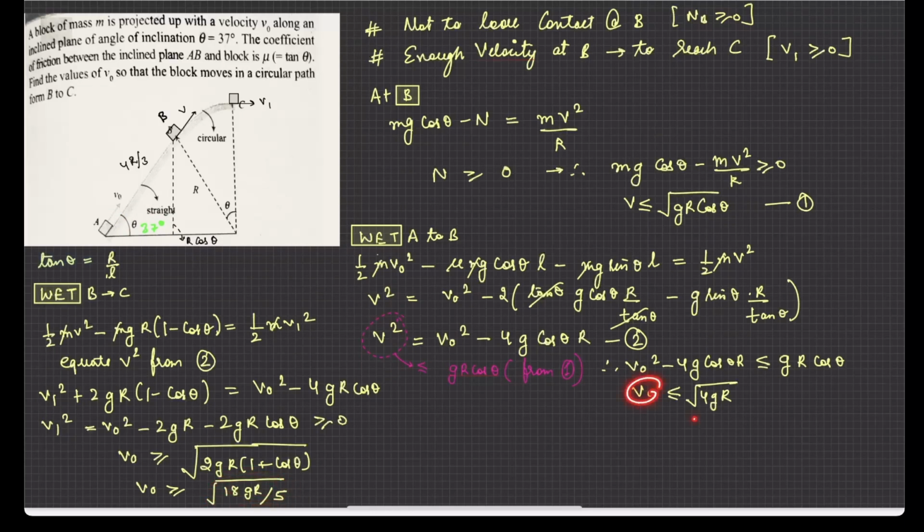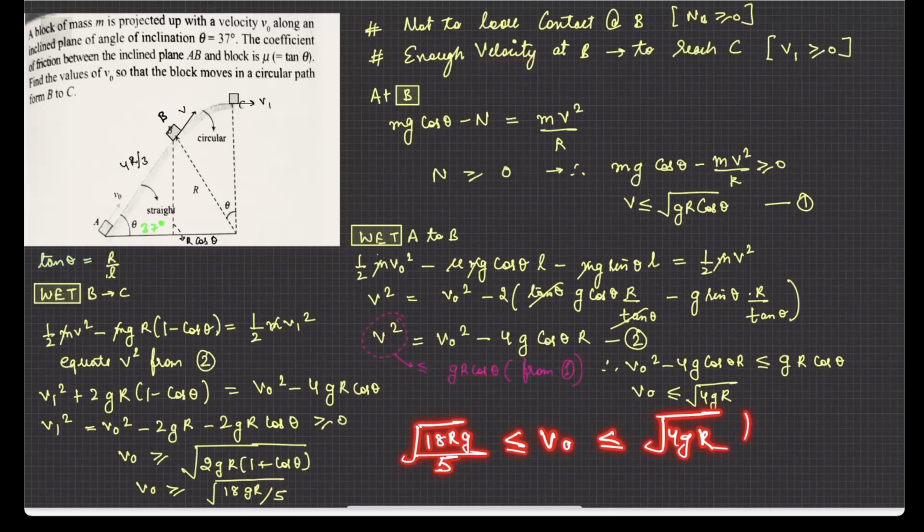V should be less than this and V should be greater than this. So this is my situation. V naught should be greater than root 18 rg by root 5, but lesser than root 4gr. So that is the condition we have got.